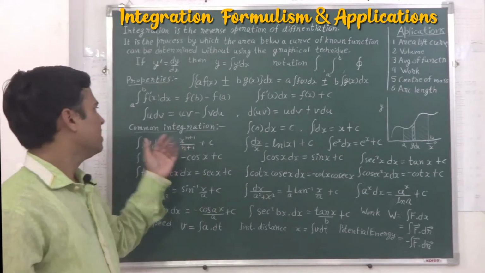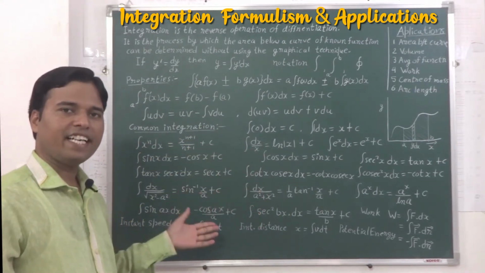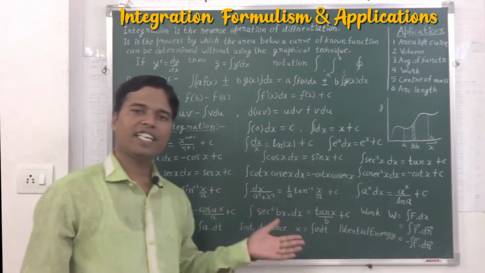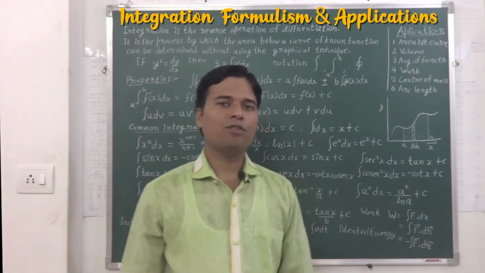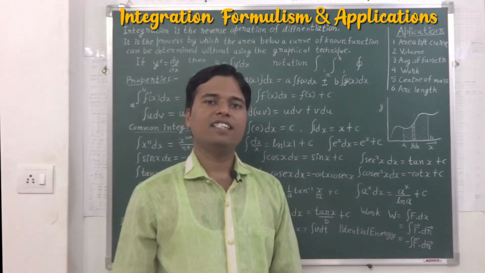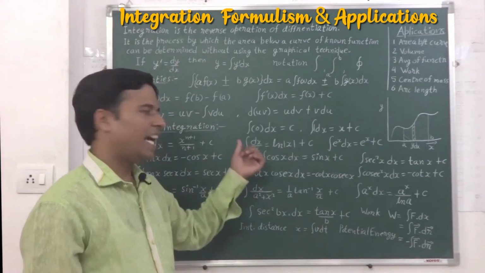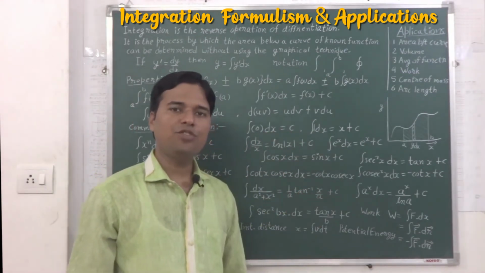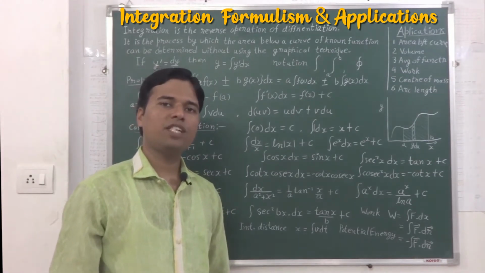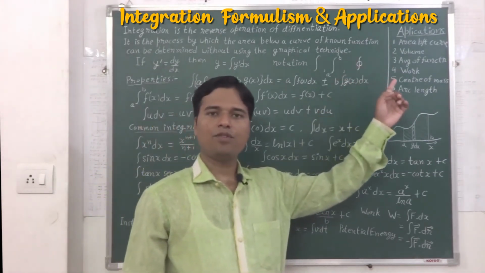Dear students, these are the common formulas for integration. You can get these formulas using the previously learnt formulas in the lesson of derivatives. I will read out these formulas one by one, and you can see the corresponding differentiation formula on the left above corner.